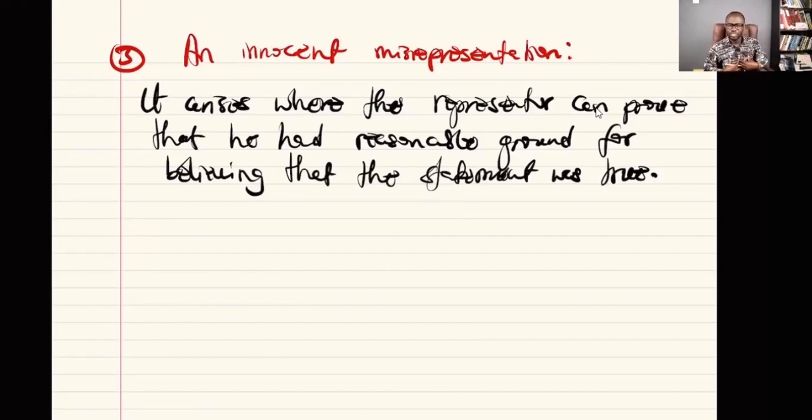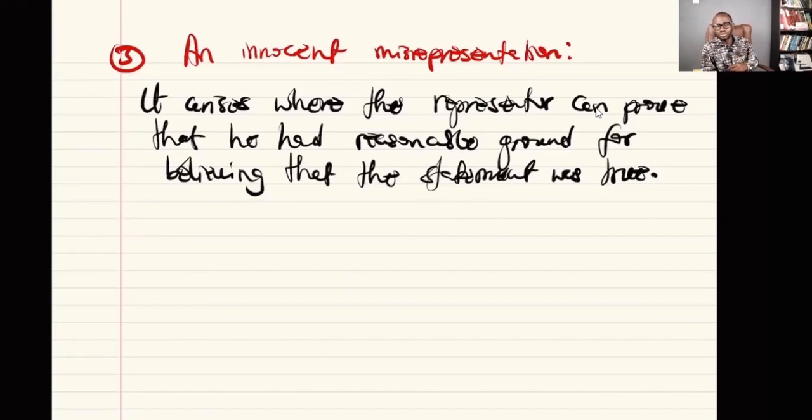You shouldn't do anything serious about me. I've also lost money, probably because of that thing. I thought it was true and I believed it. That was why I came to talk to you, so that you will also enter into the contract at the end of the day. So that is the concept about innocent misrepresentation.